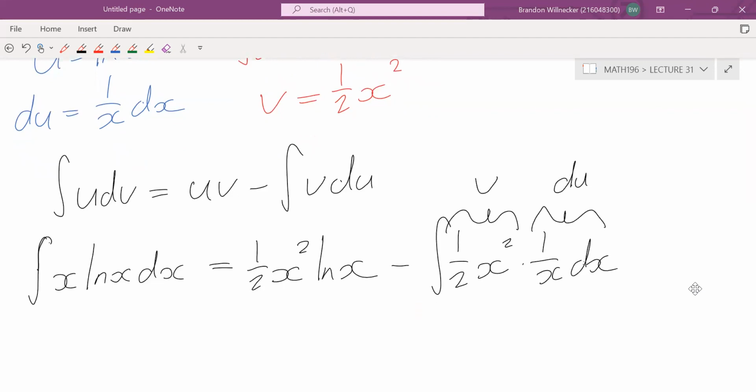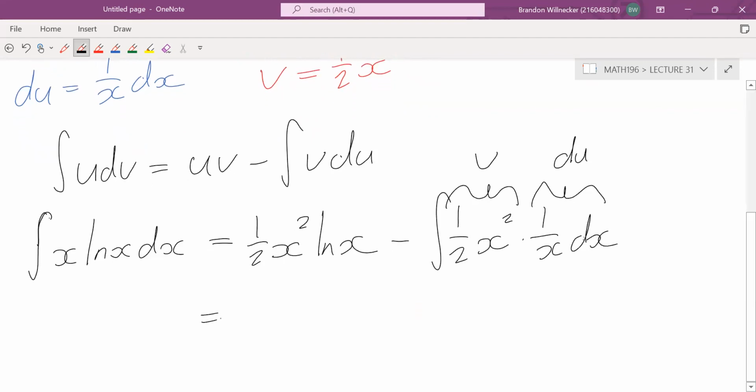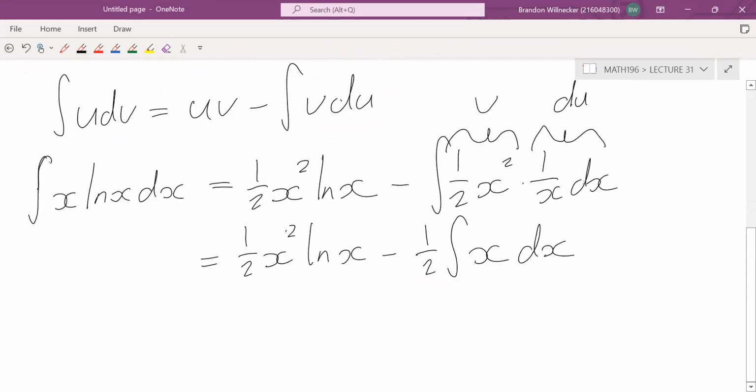Okay, we can simplify that though. So this is going to be 1/2 x squared natural log of x minus 1/2 the integral of x squared divided by x, which is just going to be x dx. Okay, so that's easy enough to integrate.